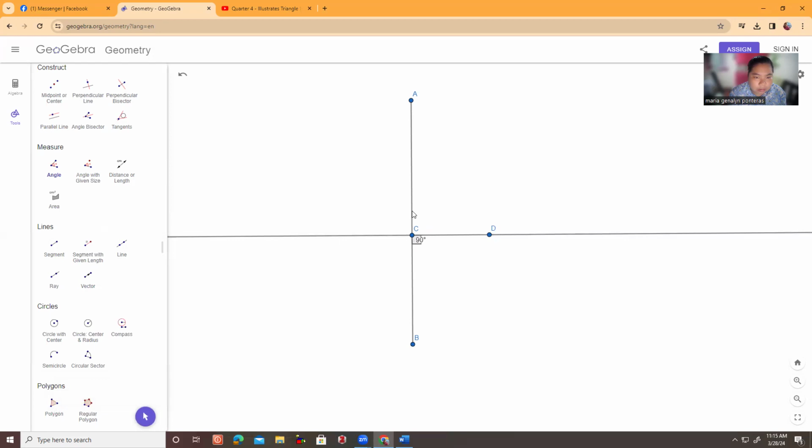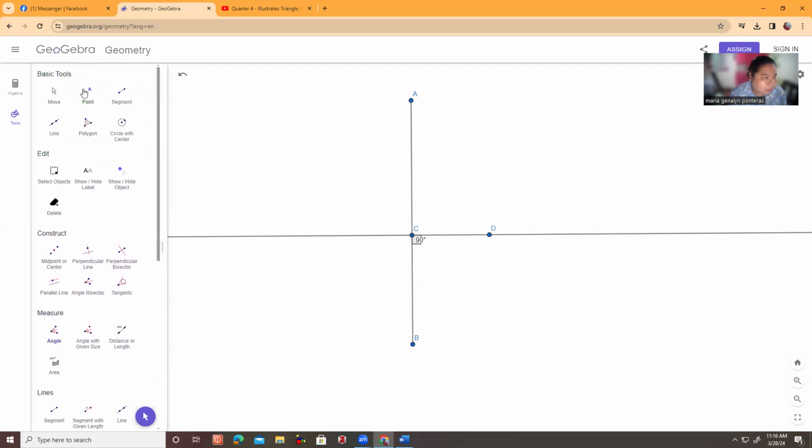Okay, that's 90. Here, it's 90. Oh, another 90. Again, so we have here 90. So angle DCB is 90 degrees.